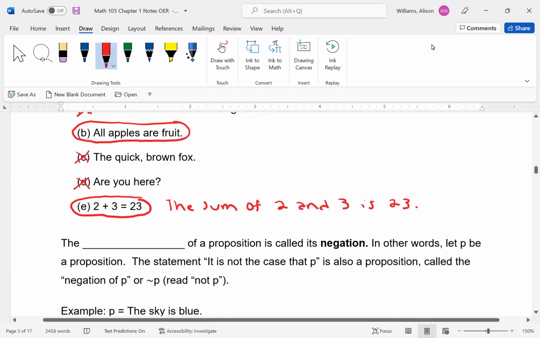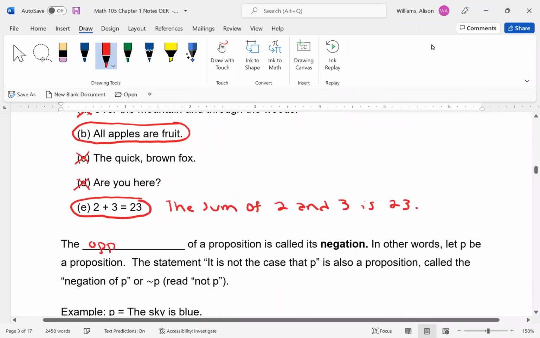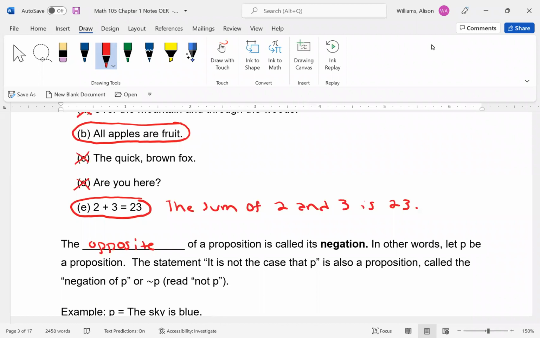Okay, so the opposite of a proposition is called a negation. So we will use P to represent our proposition. The statement "it is not the case that P" is also a proposition because we are making a true or false claim. We call that the negation of P, which we write with a little squiggly in front of the P. When we see that in math, it reads "not P."